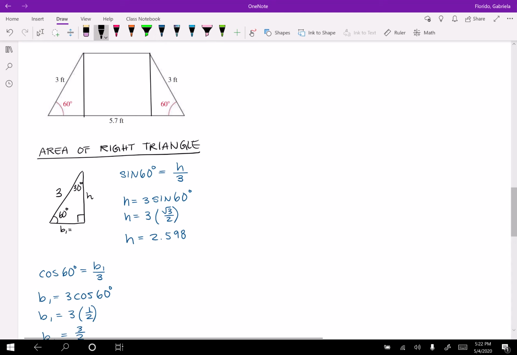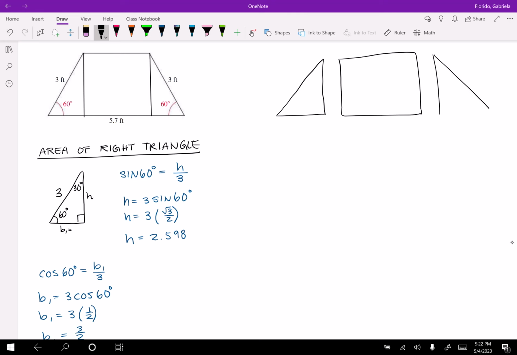So let me redraw this here. I'm going to draw it a little bit apart. And again, of course, it's not drawn to scale, right? But we do know that this is 3. We know that h, the height, is a really ugly number, 2.598, and the base is 1.5 feet.